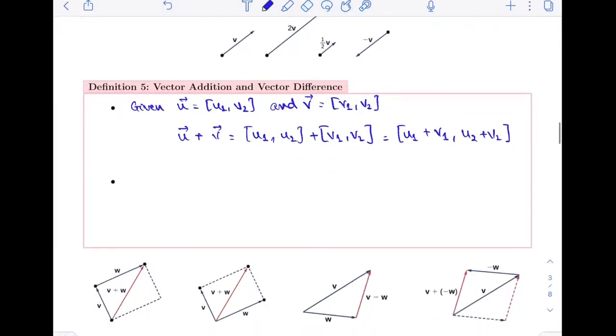Right, similarly, when you do the vector subtractions, the idea is that when you have u minus v, this is equivalent to doing u plus the negative of the vector v. Right. Algebraically, you can combine the components of the vector as well.